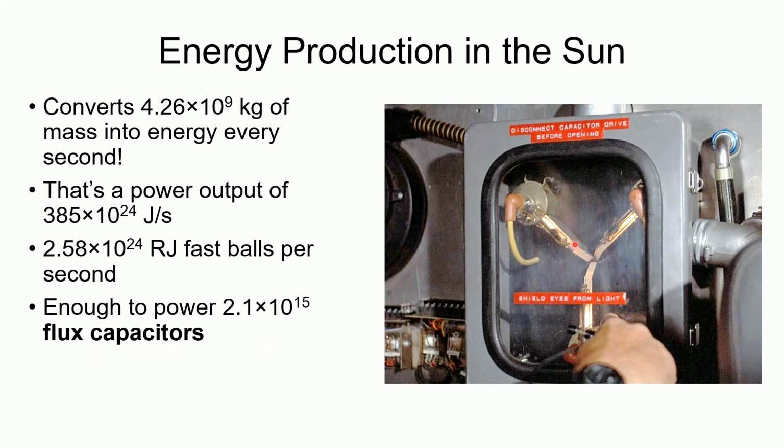And if you don't know what this is, then you have been deprived of a good childhood. That would be 2.1 quadrillion flux capacitors. And if you still have no idea what this is, you need to stop what you're doing this weekend. I want you to go and watch Back to the Future, and you'll learn all about this flux capacitor.